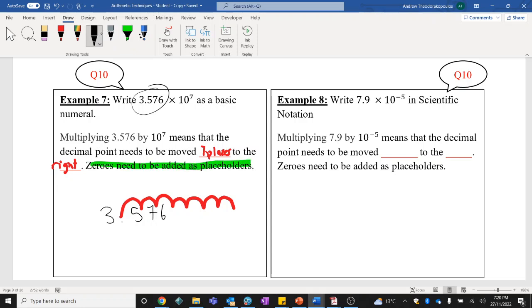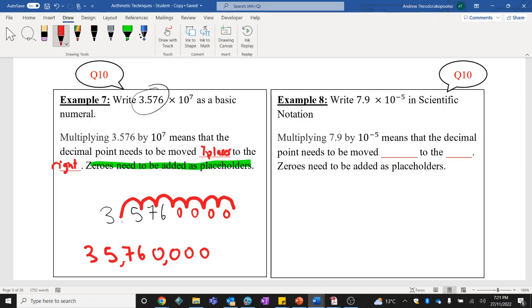So everything underneath that doesn't have a number will be a 0. So your new number, which is the basic normal number, is 3, 5, 7, 6, and then 4 zeros. Just to make it easier for the person to read, put your commas where you need to, every 3 digits. So now I know that that is 35,760,000.